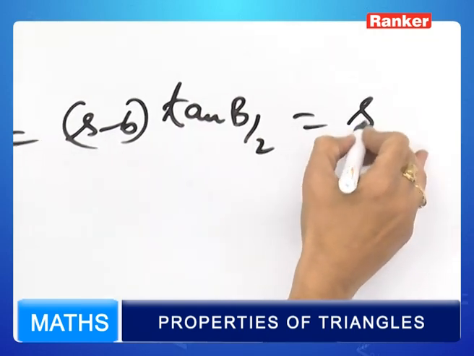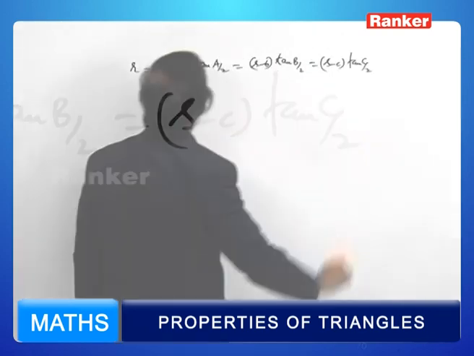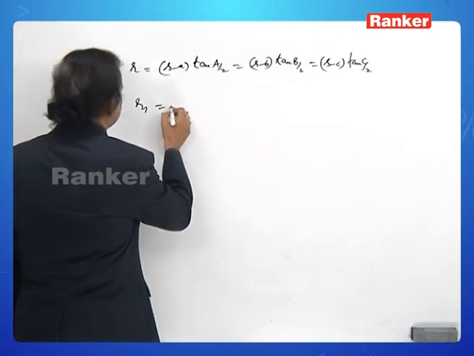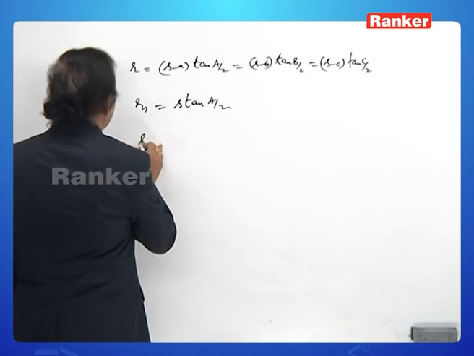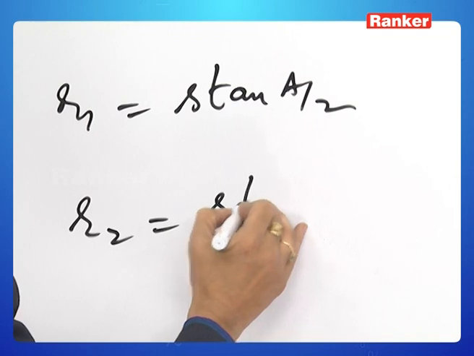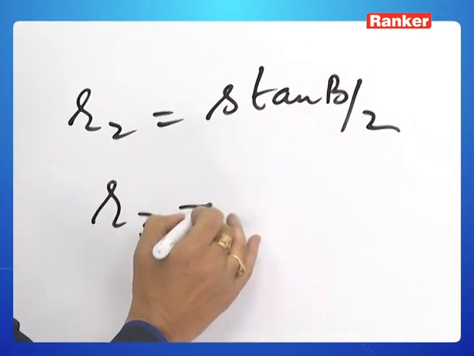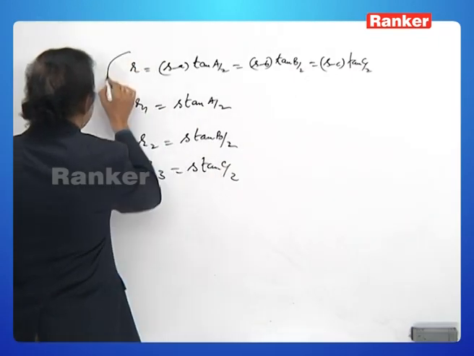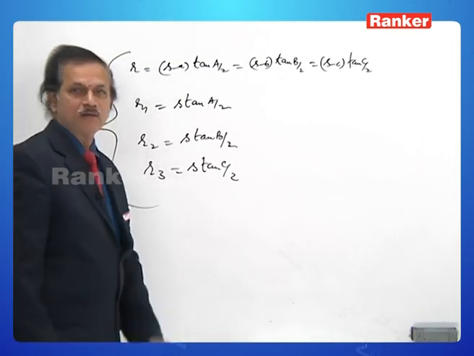The same can be (s minus c) tan C by 2. And r1 is equal to s tan A by 2, r2 is equal to s tan B by 2, and r3 is equal to s tan C by 2. This is the second set of formulae regarding r, r1, r2 and r3.